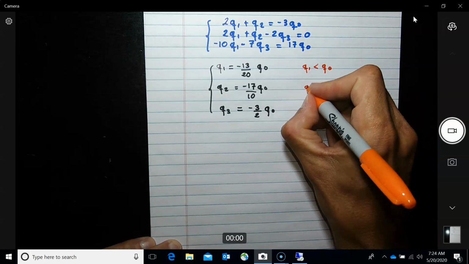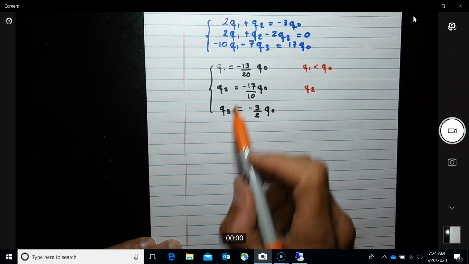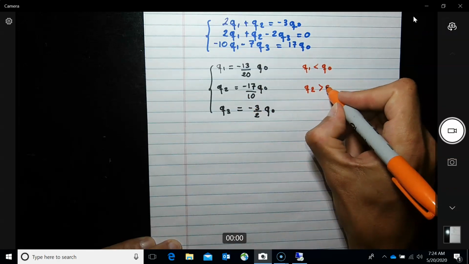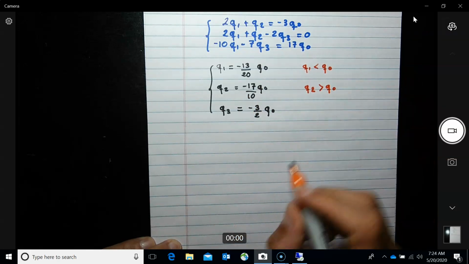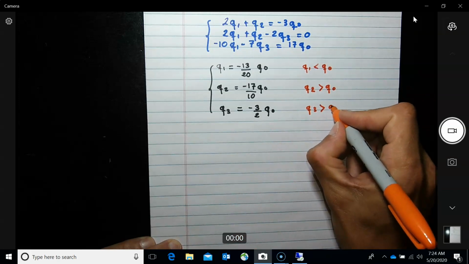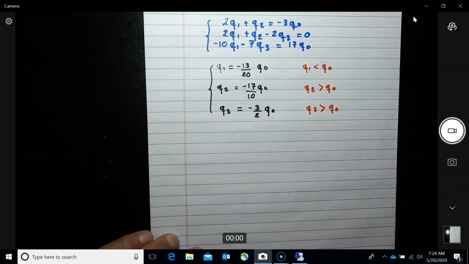In this case, just look at the magnitude, because the sign just gives you a direction. Q sub 2 is 17 over 10, so it's higher than q sub naught, and q sub 3 is 1.5, is also higher than q sub naught.